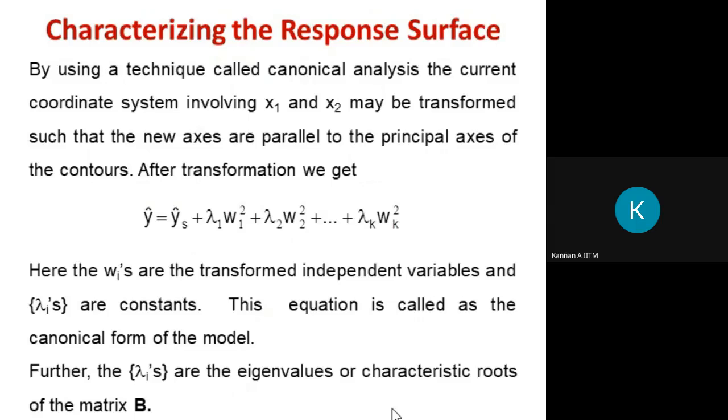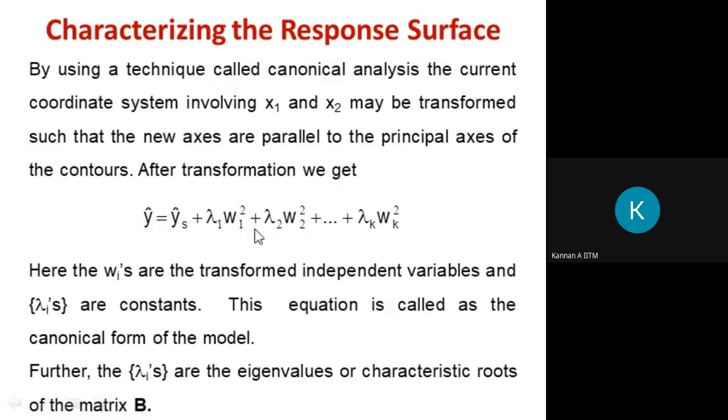And so we do what is called a canonical analysis and canonical transformation. What we do is we represent the response surface in terms of new coordinates w1 squared, w2 squared, and so on to wk squared. But these w1 and w2 are not always x1, x2. These are a different coordinate system.